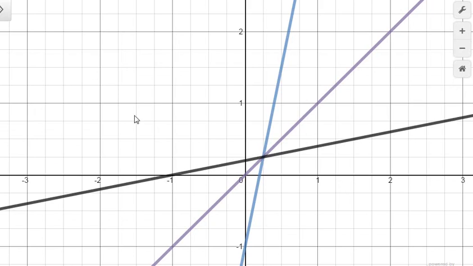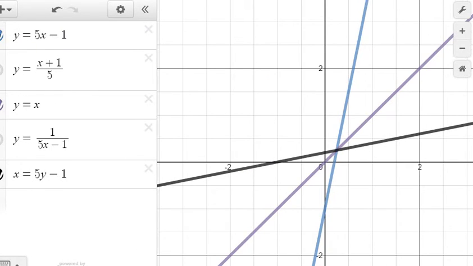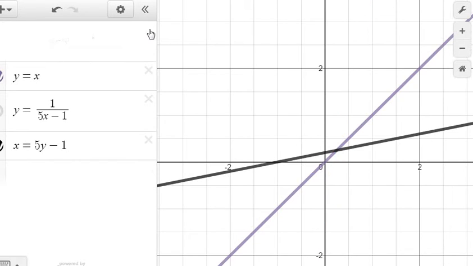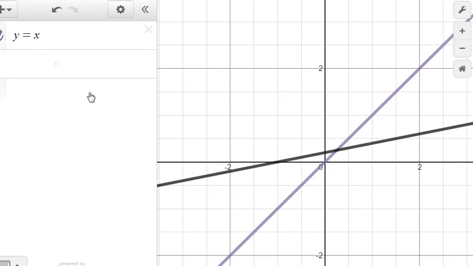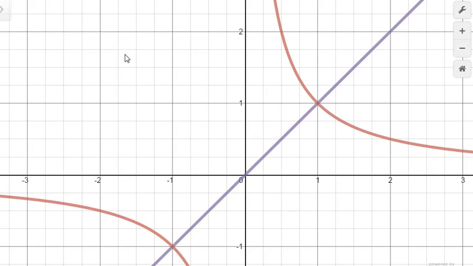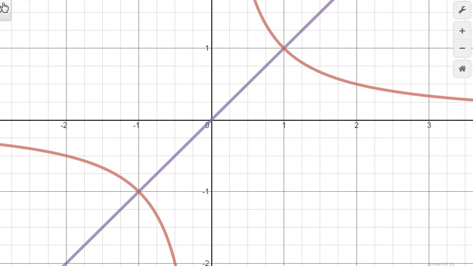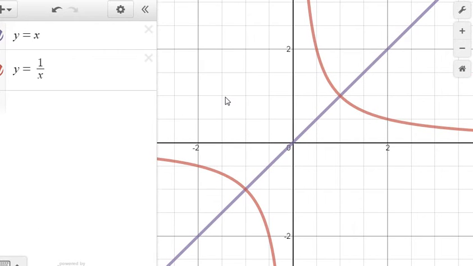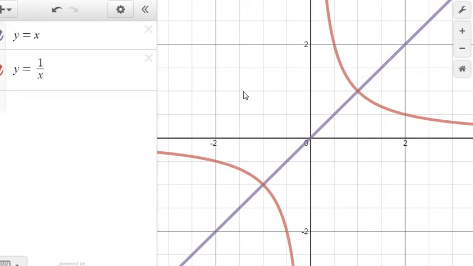So let me get rid of a couple of these graphs. I'll leave that one. Here's the graph of y equals 1 over x. Let me put that back. There you go. Bless you. So, can anyone explain why I got the same thing back when I started?